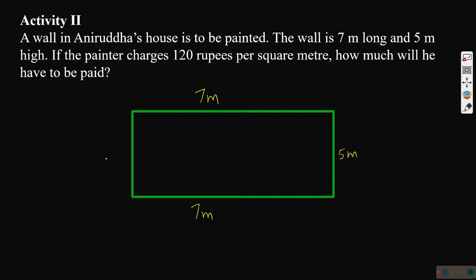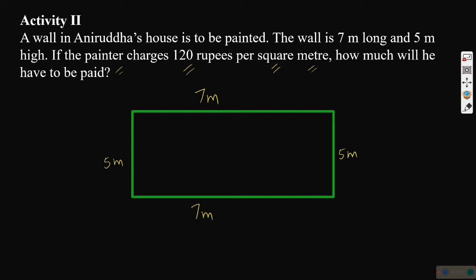That is the breadth here. The wall is a rectangle. If the painter charges 120 rupees per square meter, you find out the area, and per square meter you have to pay the painter 120 rupees. How much is to be paid? That is the question. This is a question related to area.